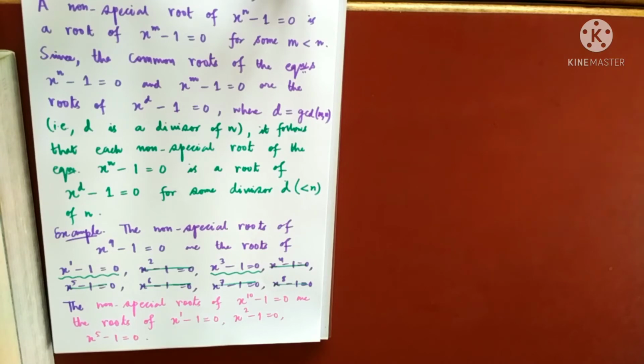I'll do two more things from special root and then I'll move to a new topic. Okay, so let's move to something interesting. Remember, I had done one thing, that when n was a prime, you start with any imaginary root of the equation x to the power n minus 1 equals 0. You can generate all other roots.